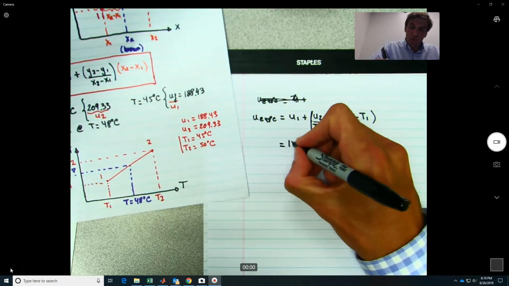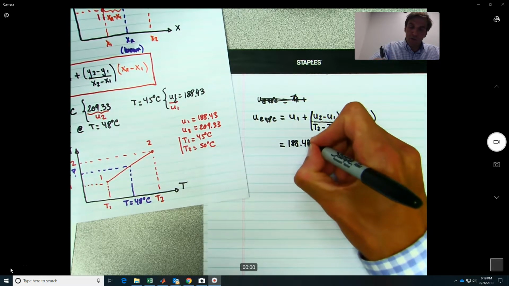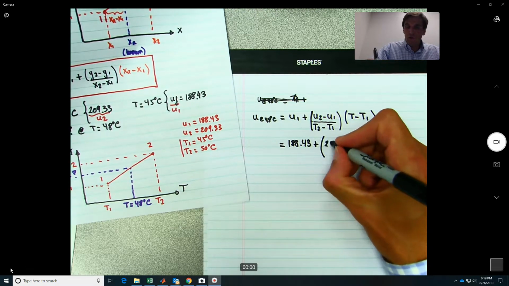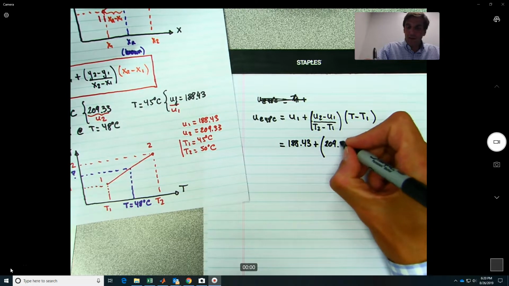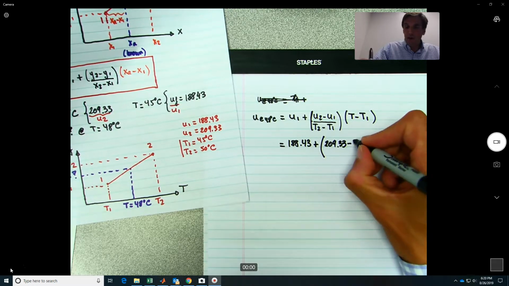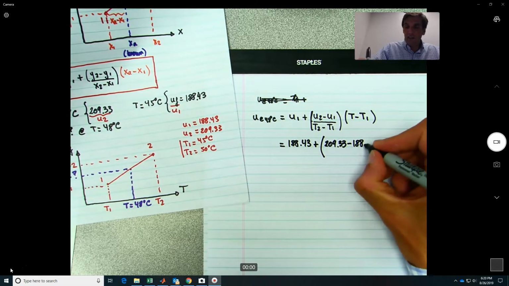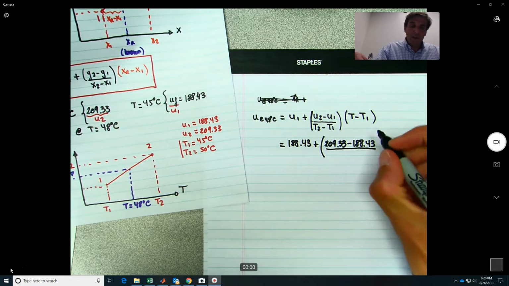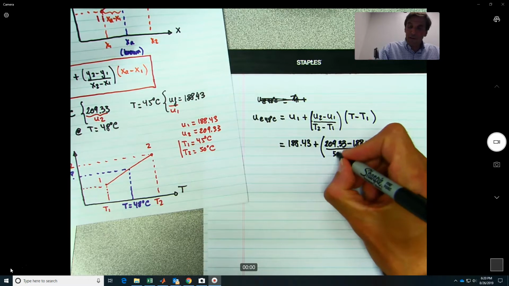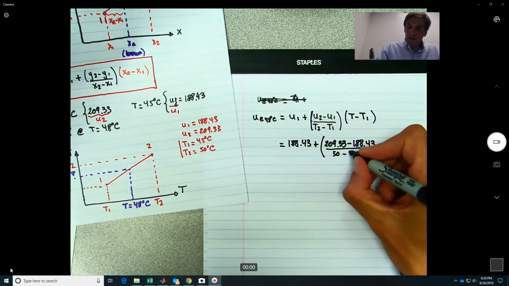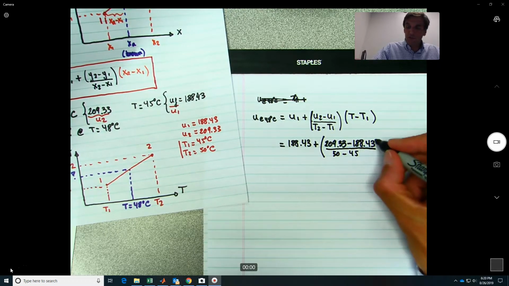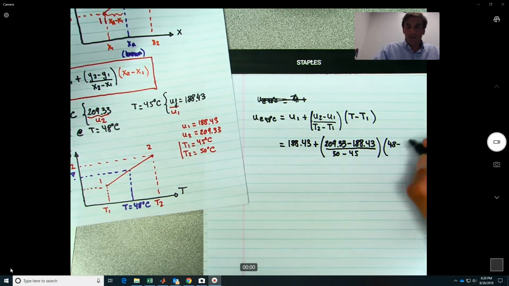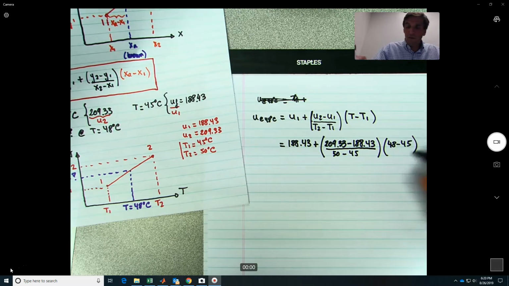We have 188.43 plus 209.33 minus 188.43 divided by 50 minus 45 degrees Celsius times 48 minus 45.